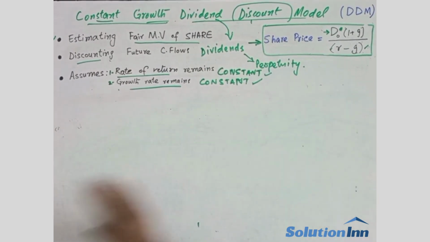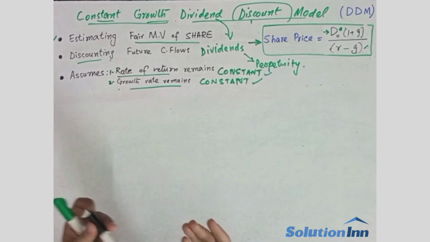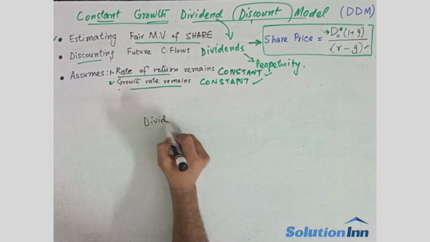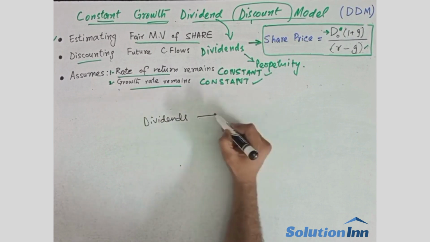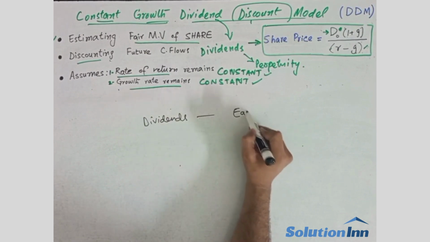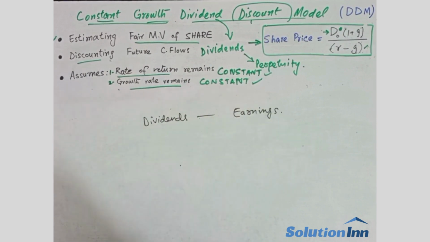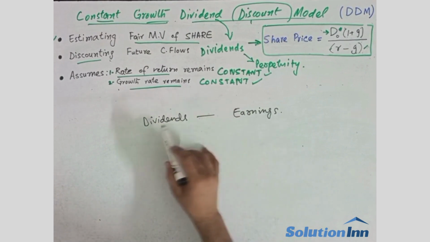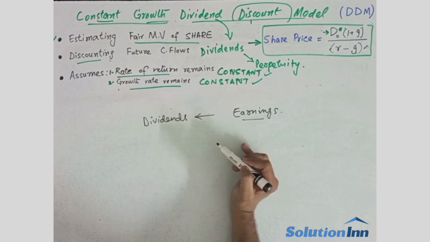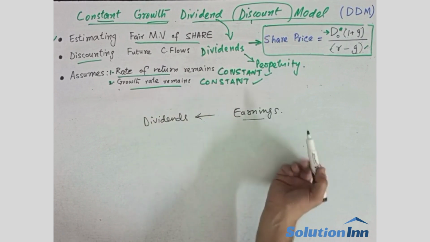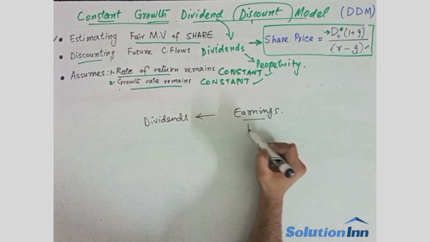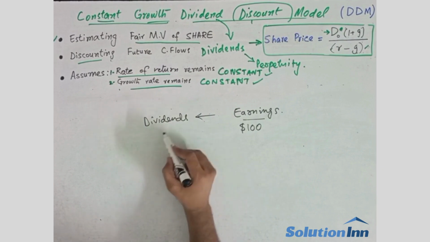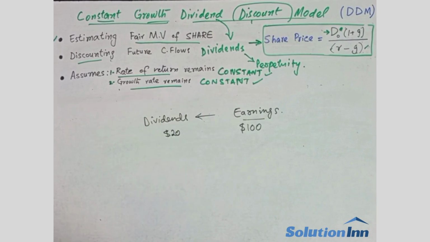Normally, as we discussed, dividends are paid out of earnings. So technically, something the company pays out of its earnings is dividend, but not all of it. Let's assume that the company earned $100 and it says that it will pay $20 as dividends.